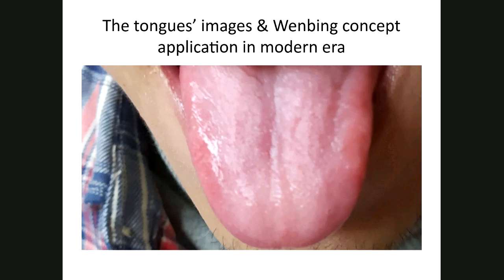Now, is it heat dominated or cold dominant? It depends on how you interpret this kind of tongue. The redness. Do you call this a red tongue or a pink red tongue? Pink. So either pink or pink red. But it's not red red, yes? So pink red, either normal or heat.